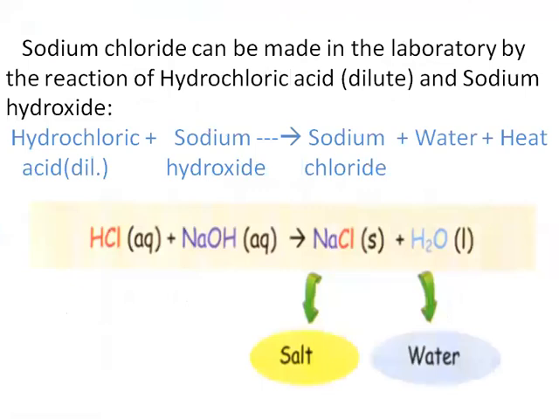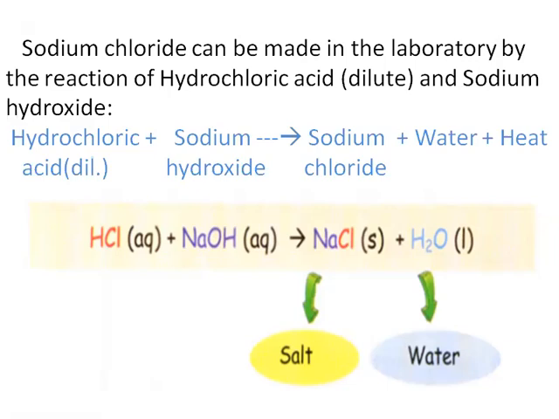Sodium chloride can be made in the laboratory by the reaction of hydrochloric acid, which can be the dilute one, and sodium hydroxide. The reaction can be represented by hydrochloric acid dilute plus sodium hydroxide gives sodium chloride plus water and heat.